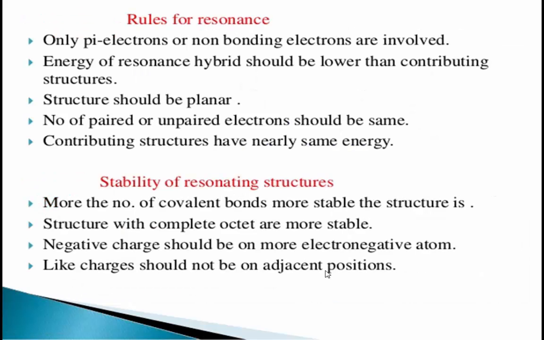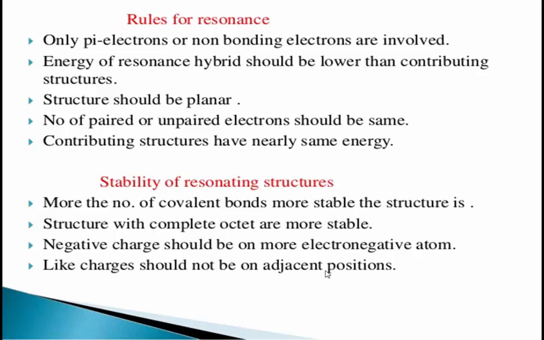Some points are very important in presence of resonance or mesomeric effect. Remember students, only pi electrons or non-bonding electrons are involved here. Energy of resonance hybrid should be lower than contributing structures. Structures should be planar.